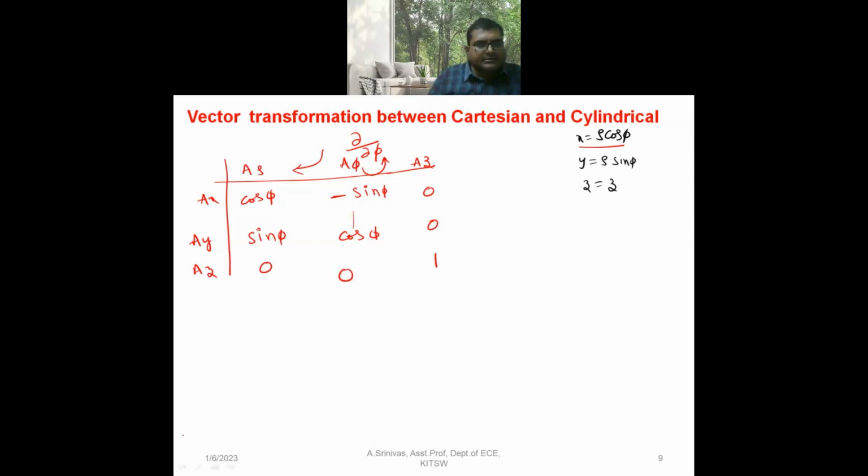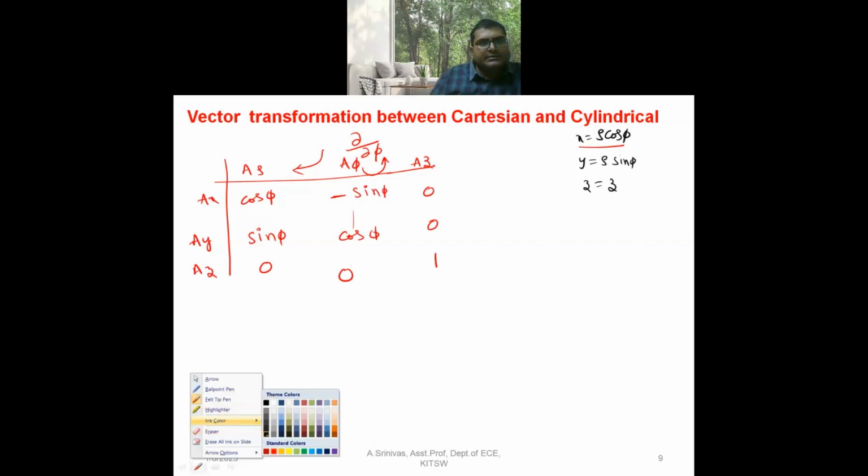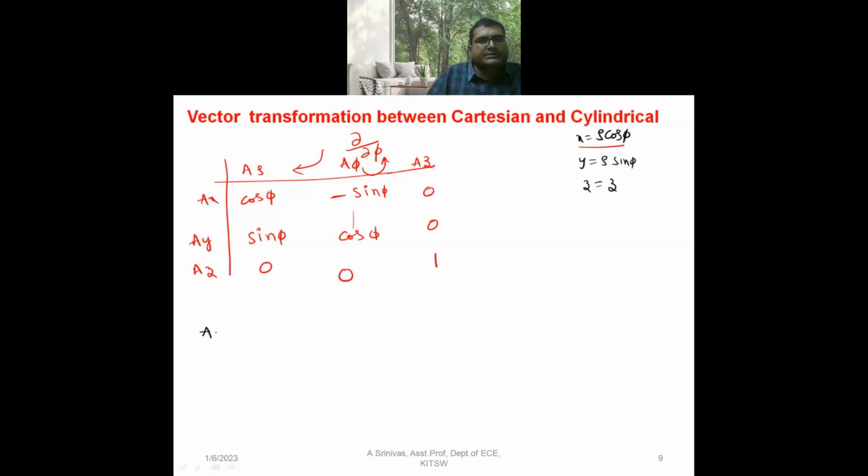Now you can write the equations for Aρ components. For Aρ components, you can take the sum of products of Ax cos φ, Ay sin φ, 0.